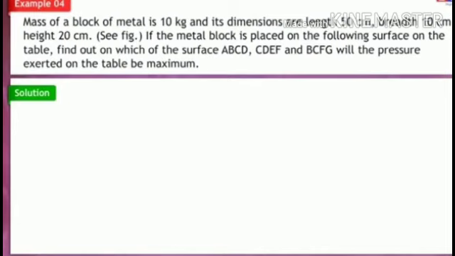Mass of a block of metal is 10 kg and its dimensions are length 50 cm, breadth 10 cm, height 20 cm. Now if the metal block is placed on the following surface on the table, find out on which of the surface ABCD, CDEF and BCFG will the pressure exerted on the table be maximum.